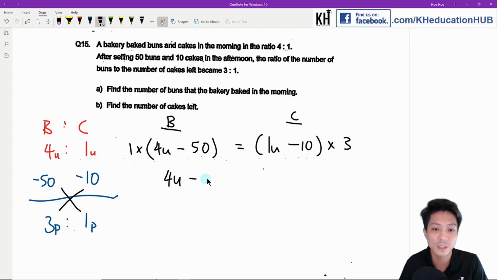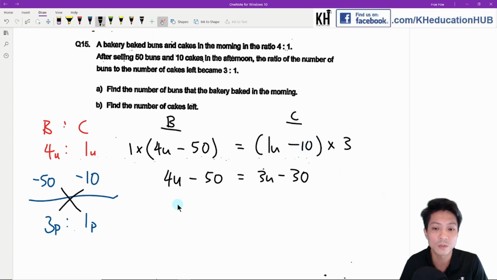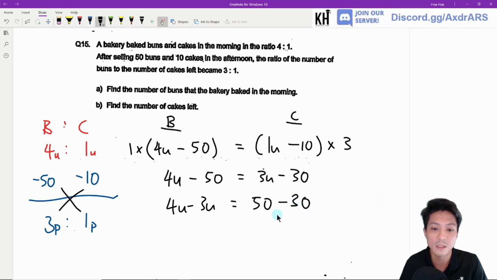So 4 units minus 50 will be equal to 3 units minus 30. At this point, you need to understand that 4 units minus 3 units is equal to 50 minus 30. So 1 unit is actually equal to 20.